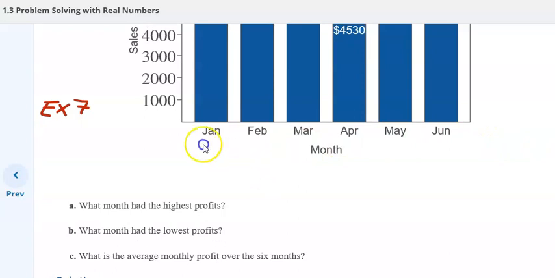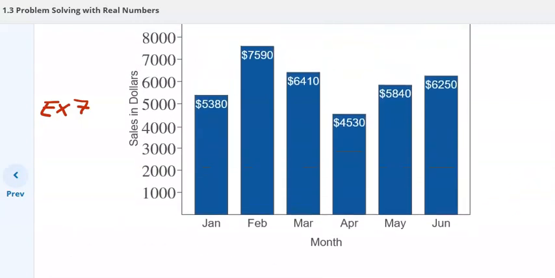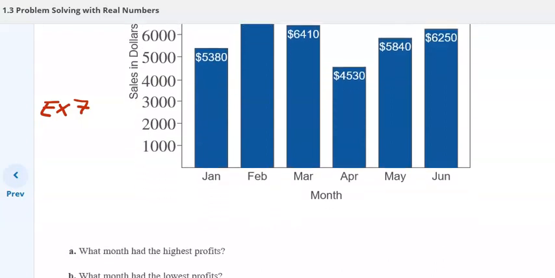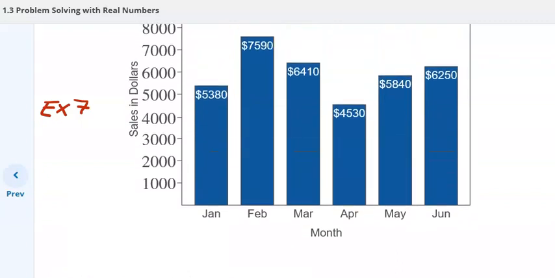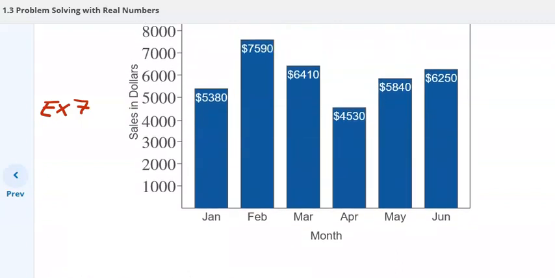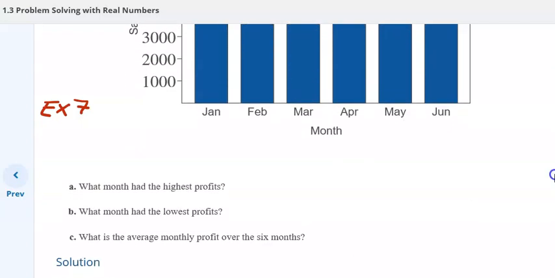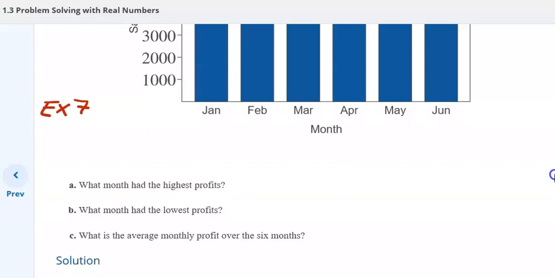So you're going to put answers for 7A. What is the month that had the highest profit? Well, as you look, it's February. What month had the lowest profit? Again, as you look, it's April. That's for answer B. And for C, what is the average monthly profit over the 6 months?